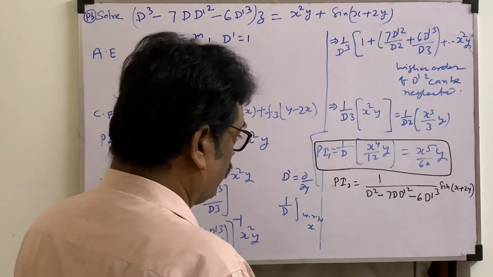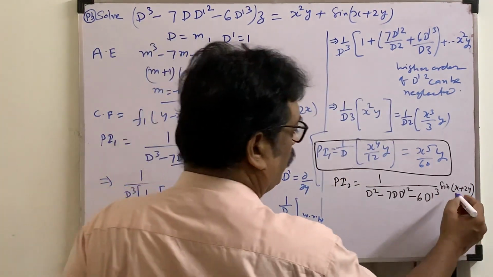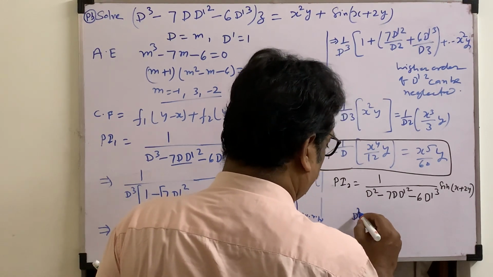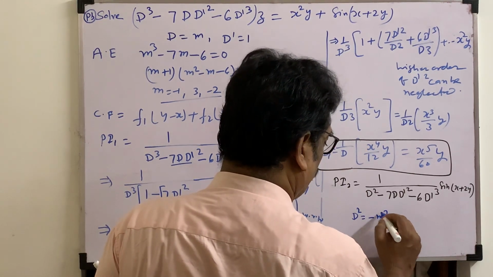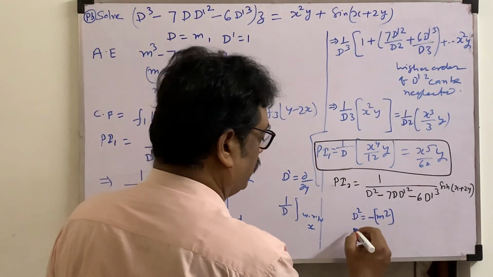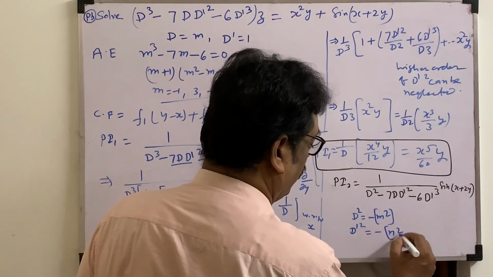Now see here. What can we write here? For trigonometric terms, what is the rule? D square is equal to minus m square. This minus will not be in the square. D dash square is equal to minus n square.